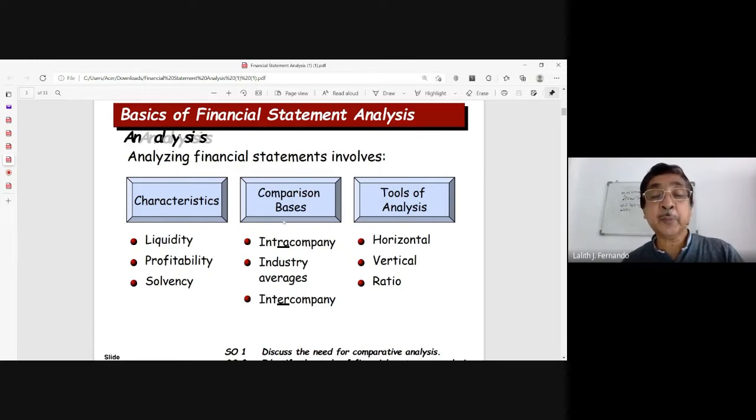Then we sometimes have a comparison base within the company, that is intra-company, industry averages, that is among the industries, then intercompany. Intercompany means company to company. Then tools of analysis, which we talked about earlier. One type of analysis is called horizontal analysis, the other is called vertical analysis, then ratio analysis.